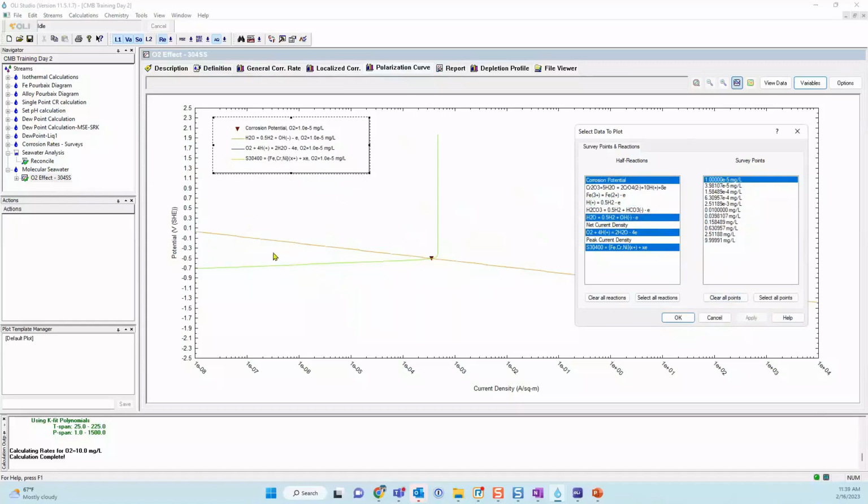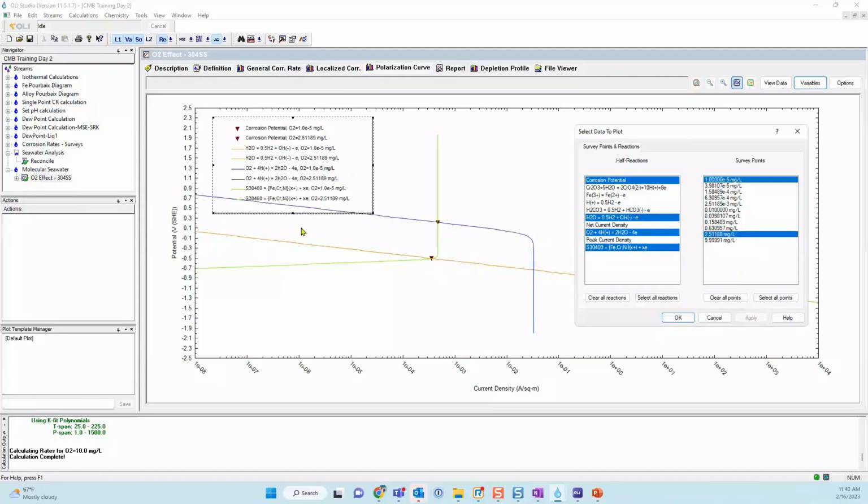So in the first case, when you don't have oxygen virtually, what drives the corrosion is the reduction of water on the sample. You add oxygen above 0.16 milligrams per liter. So let's say you have oxygen 2.52 milligrams per liter. Now you see that this oxygen reduction reaction, because you are adding oxygen to the system, is now driving or increasing that corrosion potential.